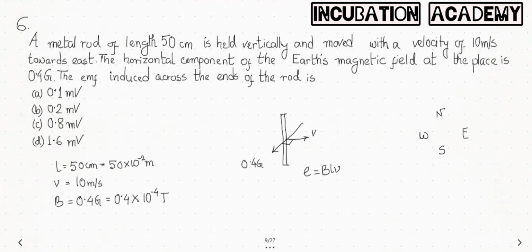So if I put the values, B is 0.4 multiplied by 10 to the power minus 4, 50 into 10 to the power minus 2, the velocity is 10, volt.